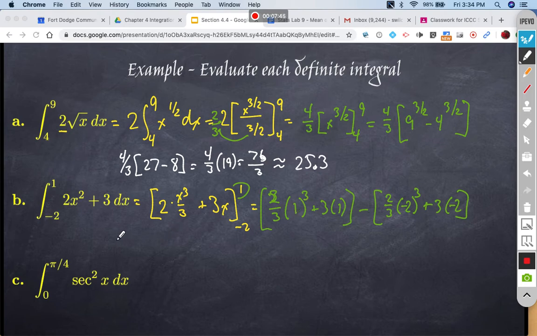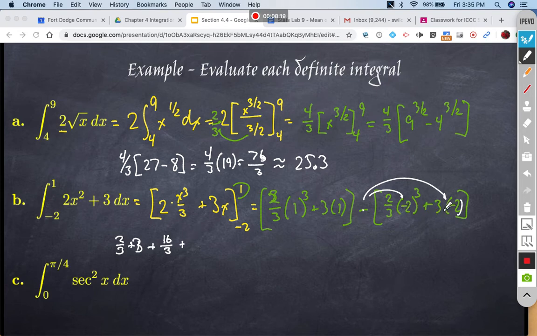So, what's 2/3 plus 1 plus 3, minus -2 to the 3rd power, which is -8, so -16, so that's going to be plus 16 over 3. And then again, we're going to have a minus and get a negative here, so we're also going to get a plus on this one.